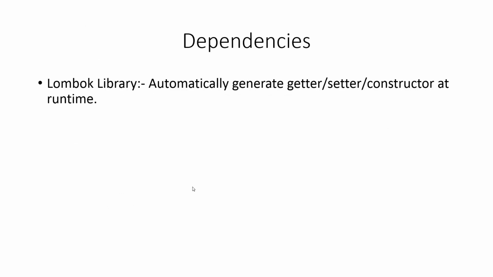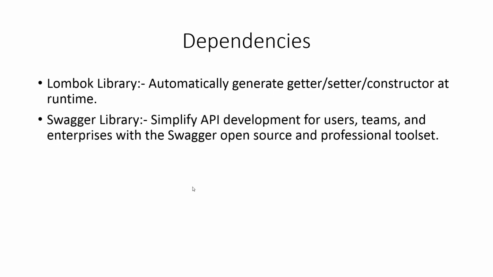So the next thing that I want us to talk about is the dependencies that I use for this project. The first one is the Lombok library, and the main function of this is to automatically generate getter, setter, and constructor at runtime. The next one is the Swagger library, and the Swagger library is used for your API documentation.